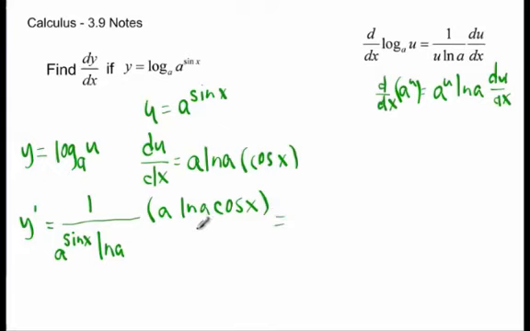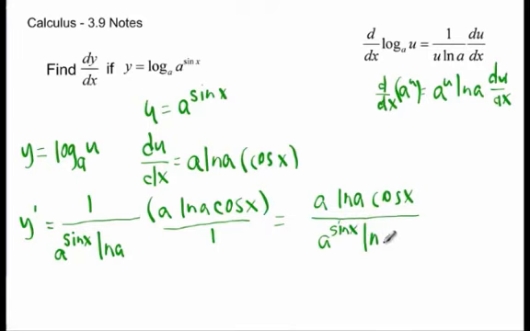So what have we got? Remember, when you multiply fractions, you multiply across the top and you multiply across the bottom. So I have a to the sine x natural log of a cosine x over a to the sine x natural log of a.